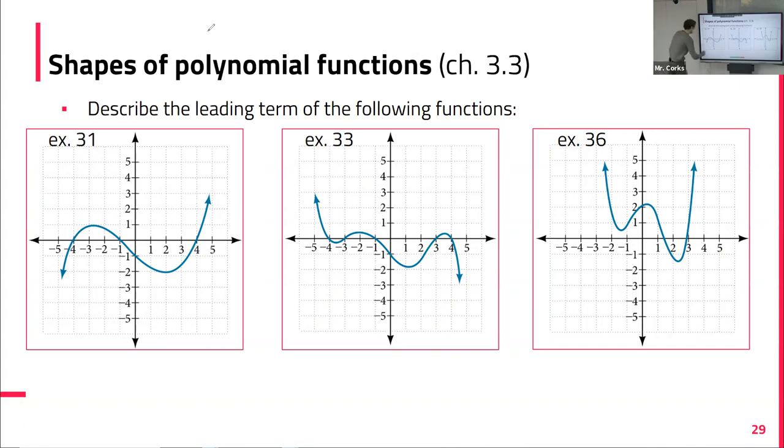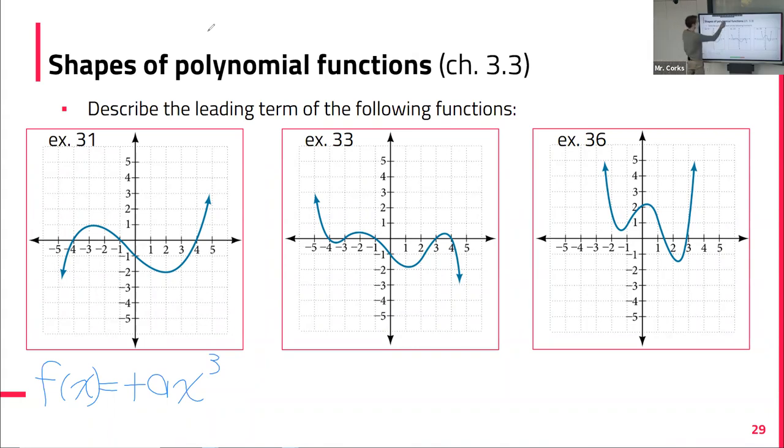So for this first one, tell me as much as you can about the leading term. Okay, so positive coefficient here, and you're saying, okay, so you think it's an odd exponent that must be at least 3.